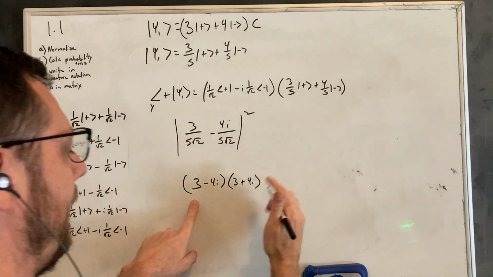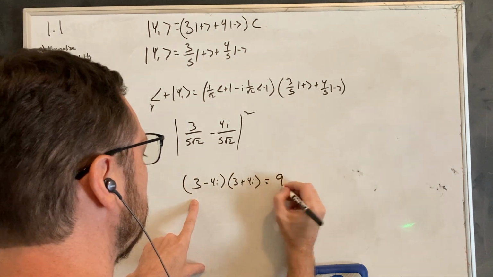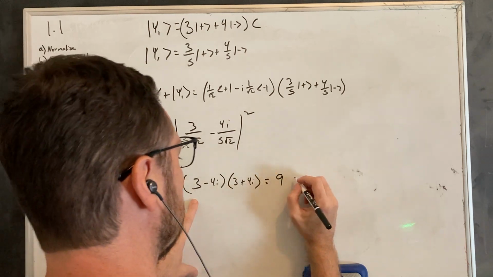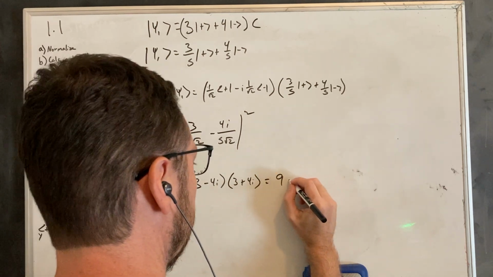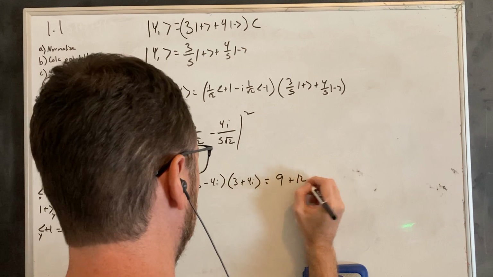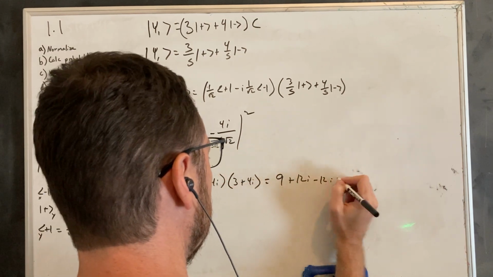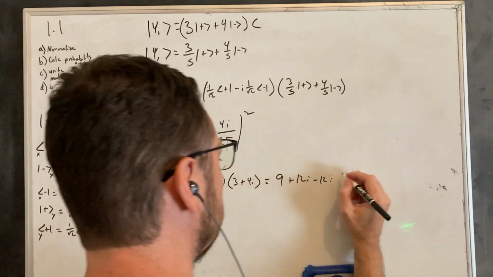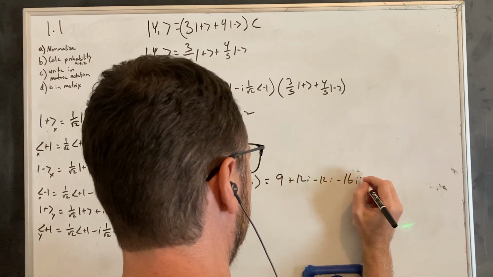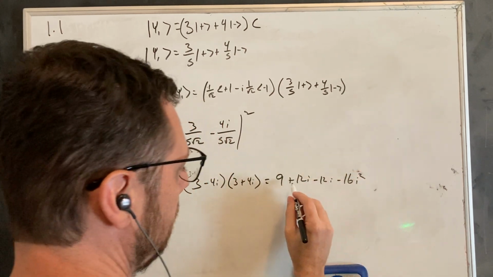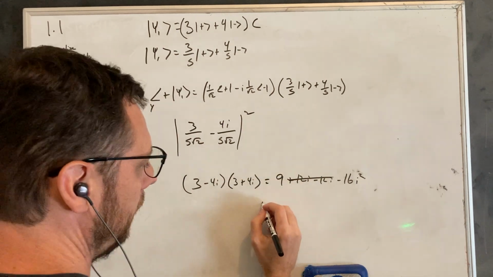And then just FOIL that out, so that's going to be equal to 9. Outer product is going to be plus 12i minus 12i. So that'll cancel out. And then minus 16i squared.